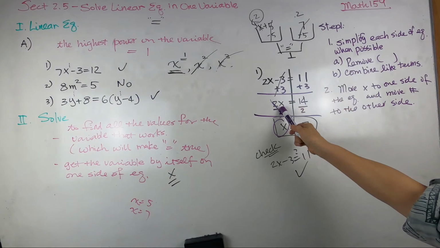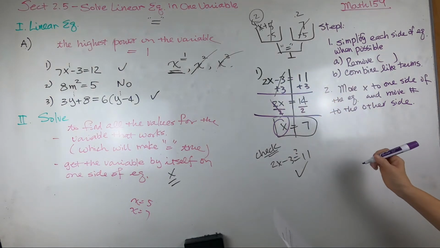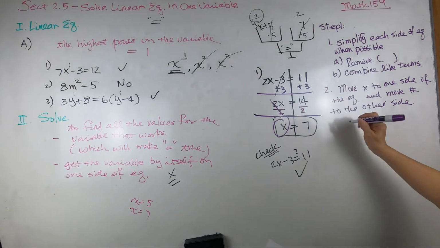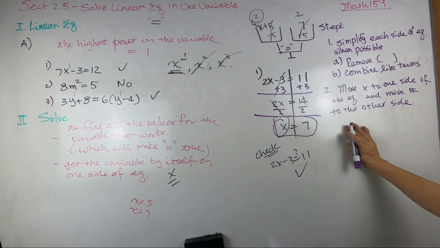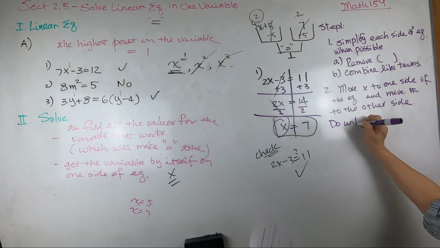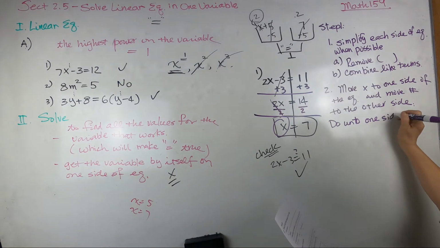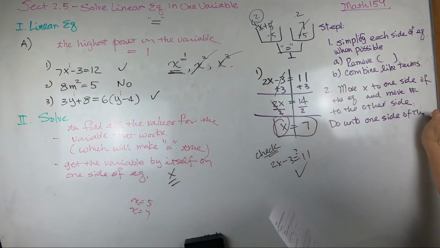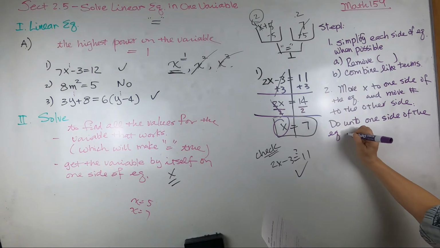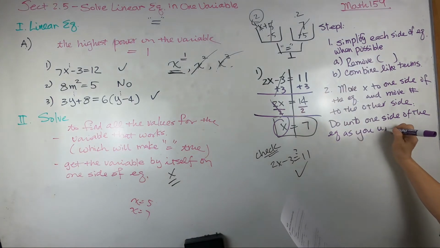You keep x on one side, you move the number away. All right. Then you get x by itself. You will do what? Whatever you do to one side of the equation, you do on the other side.